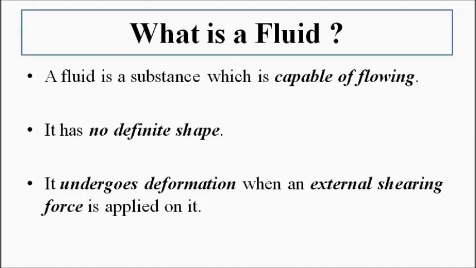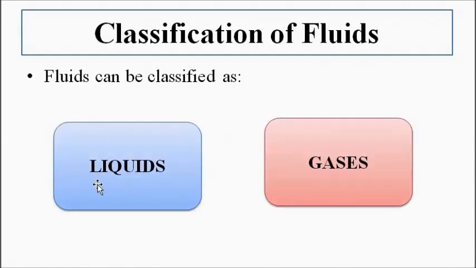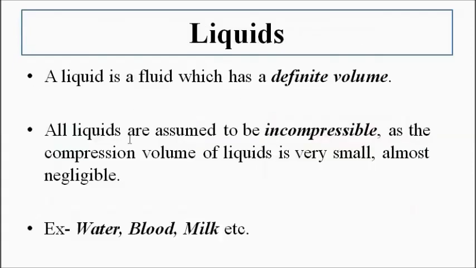Now this change in shape occurs because it is capable of flowing, because of its high interatomic and intermolecular distance. So fluids are divided into two categories, liquids and gases. A liquid is a fluid which has a definite volume, and all liquids are assumed to be incompressible.